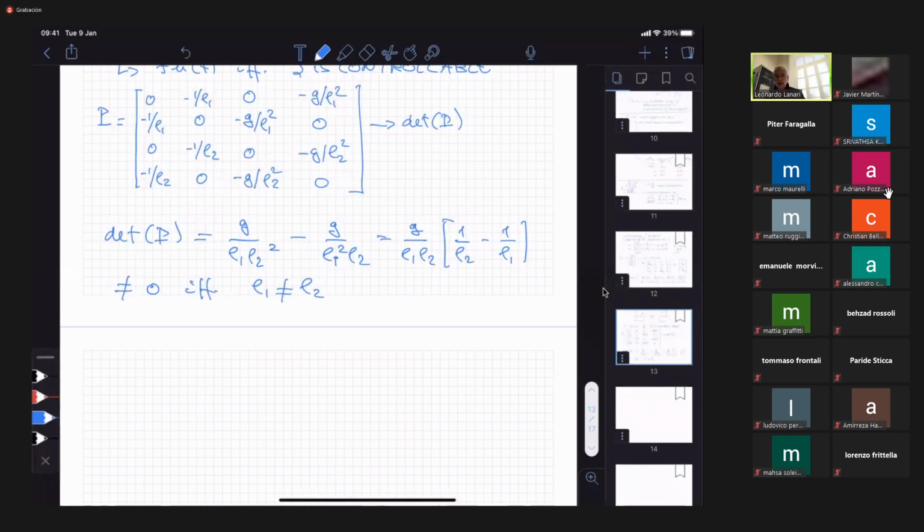So the conclusion is, if the two pendulums have different lengths, there exists an input which brings back the two pendulums in the upright position.